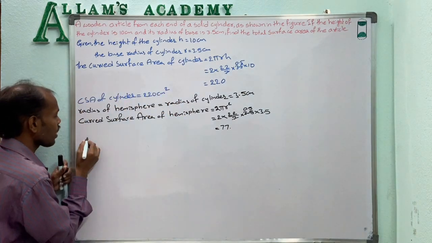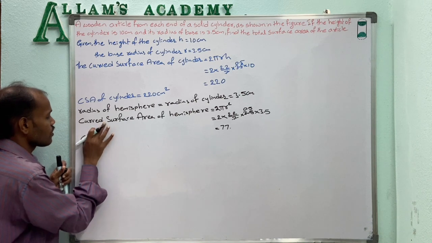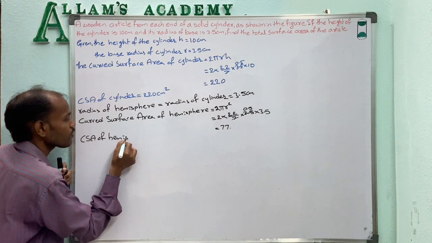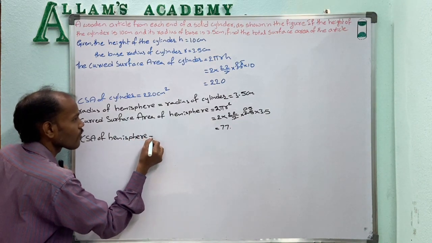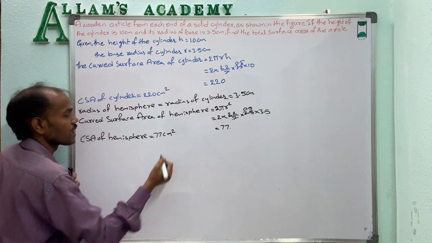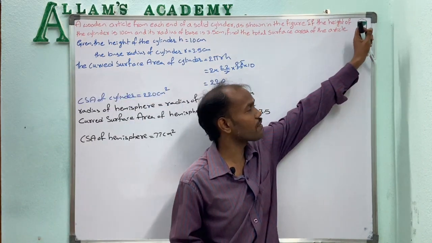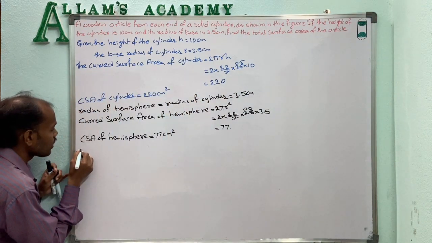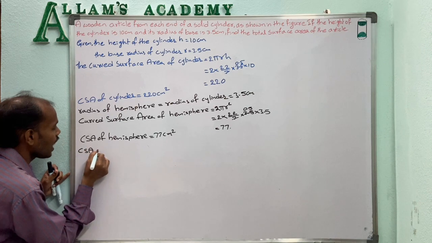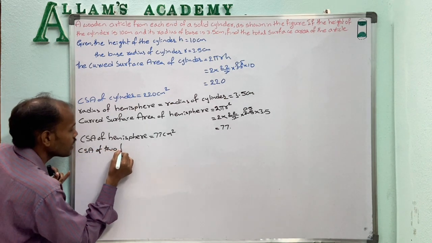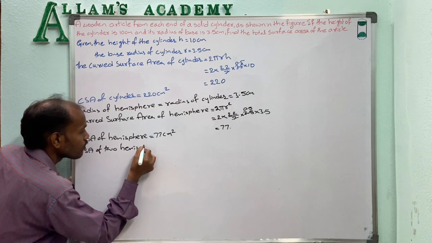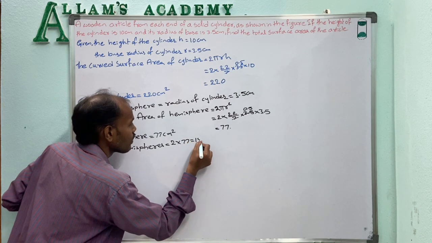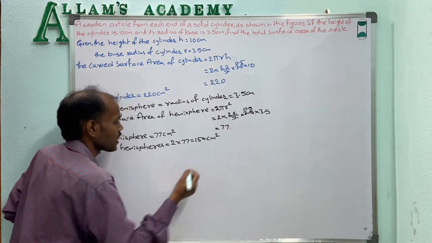So the curved surface area of the hemisphere is 77 centimeters square. If we observe the figure, we have two hemispheres there. So the curved surface area of two hemispheres equals 2 into 77, that equals 154 centimeters square.